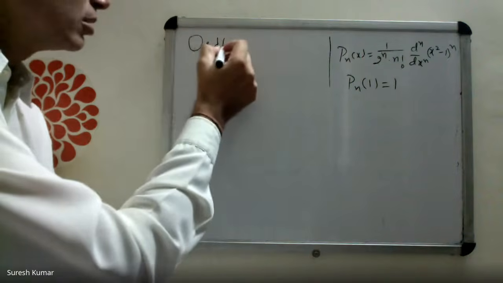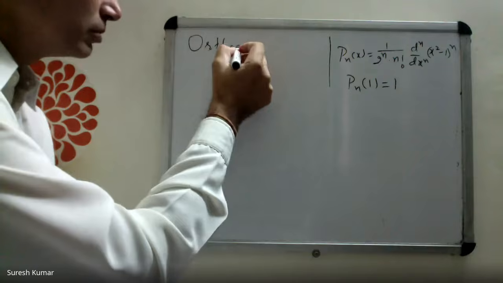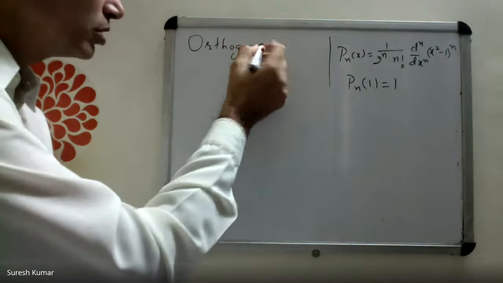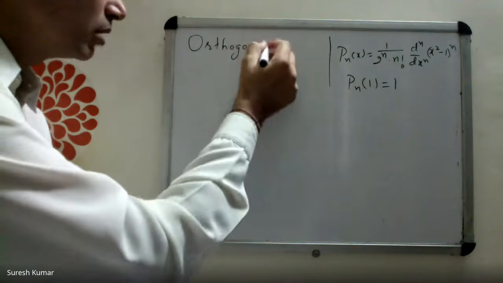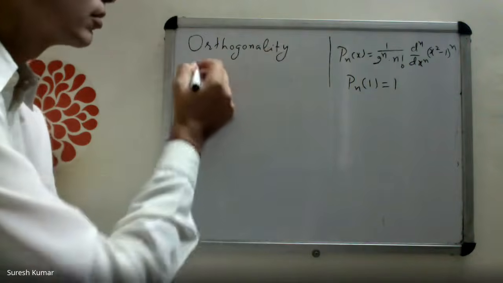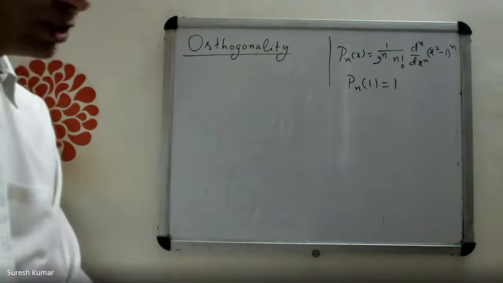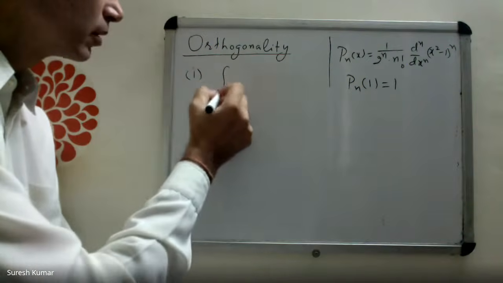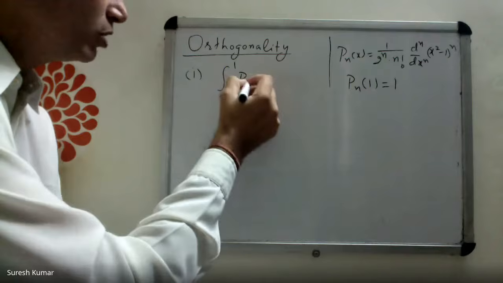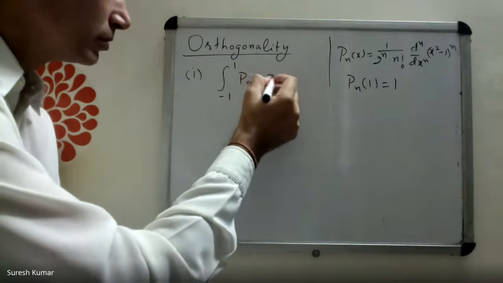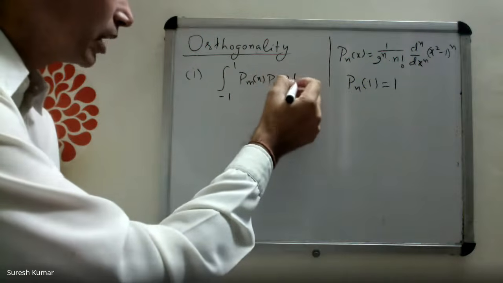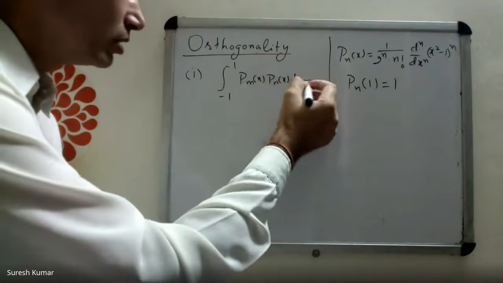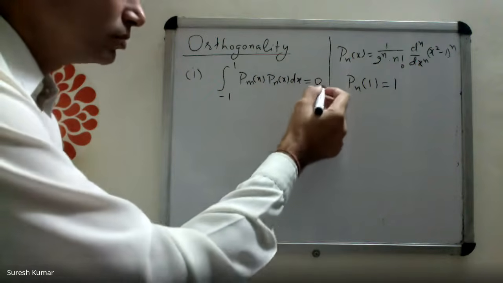Now next, a very important property. Because of this property, these are very useful in applications. That is orthogonality of Legendre polynomials. What is it? If we multiply two different Legendre polynomials and integrate from -1 to 1, the answer is 0.